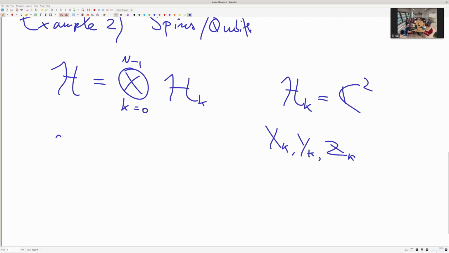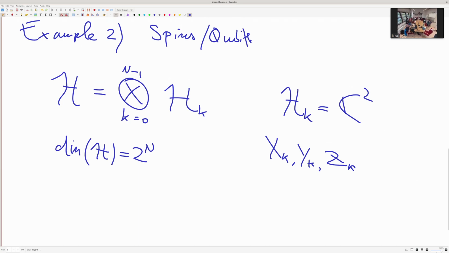Now the dimension of the total Hilbert space is 2 to the n. So this should ring a bell with what we said last time, that essentially all the representations of that algebra live in a Hilbert space of this size.